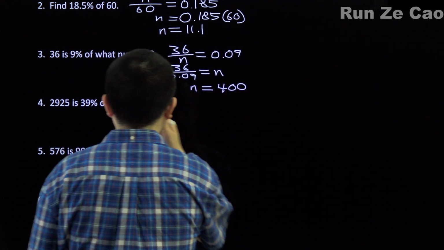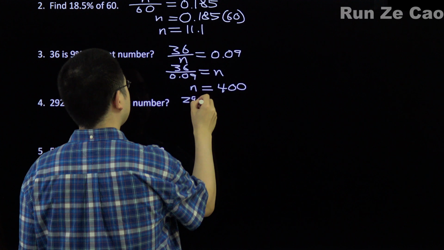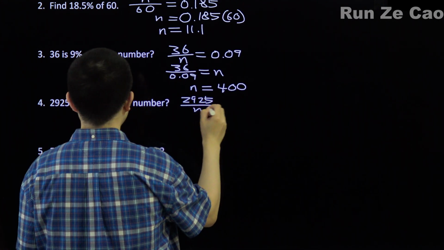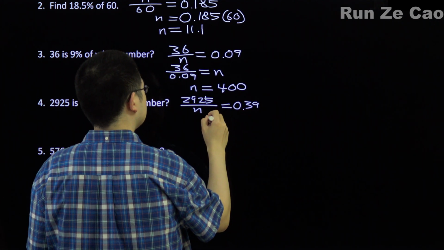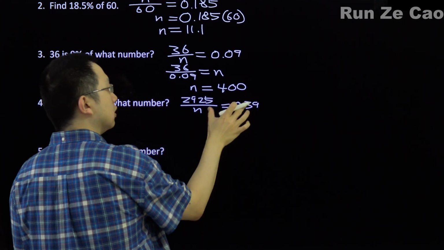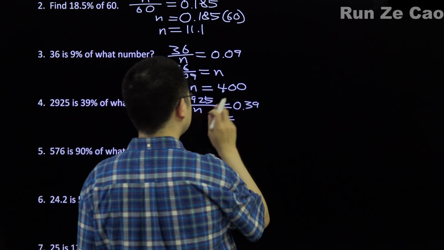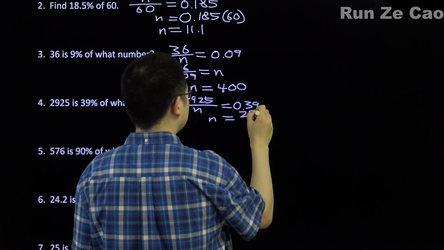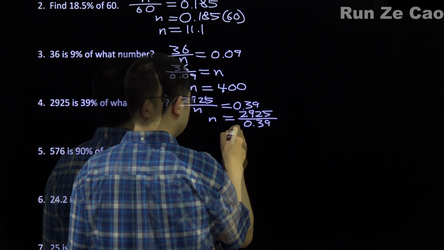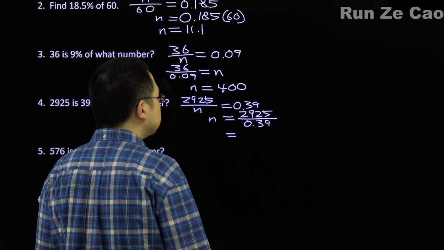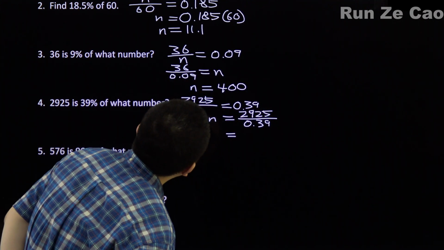2925 is 39% of what number? 2925 over n is equal to 0.39. So n is equal to, you multiply n over, divide this into the denominator, and you flip the sides. 2925 over 0.39. We can do this by long division, or we can do this with a calculator. What else could we do? 2925.